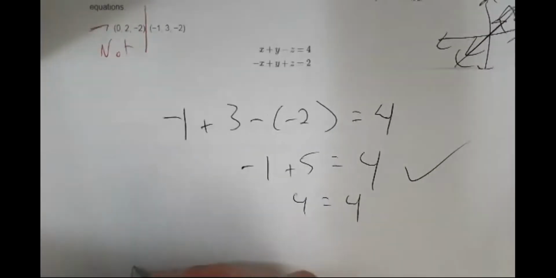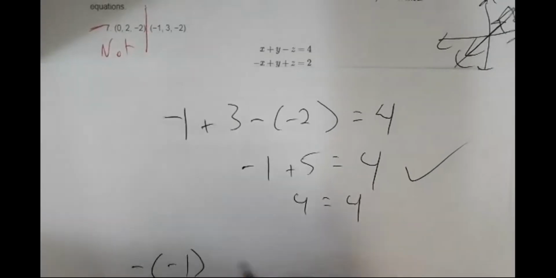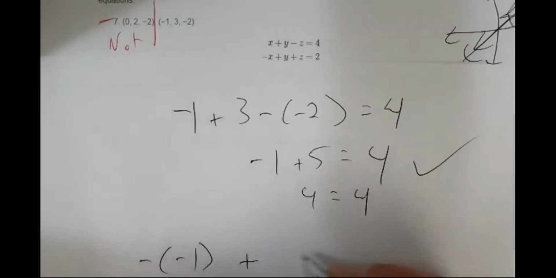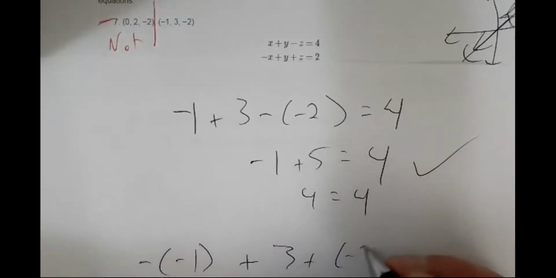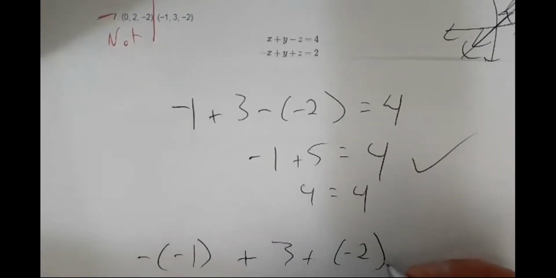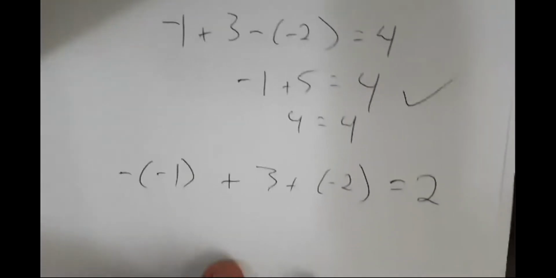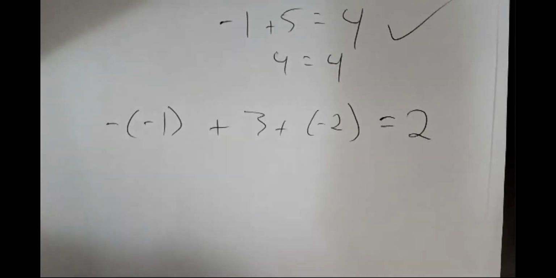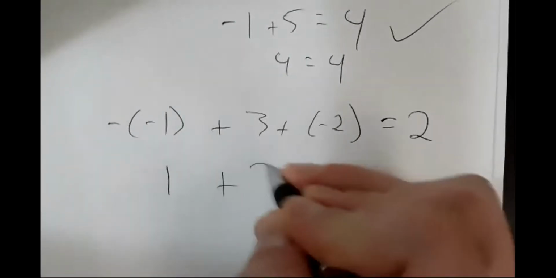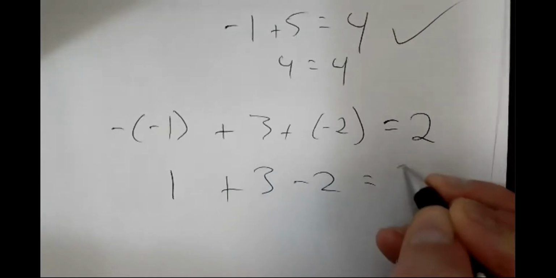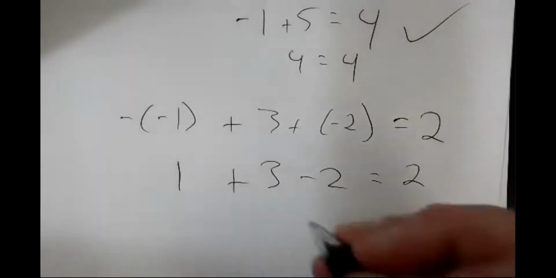Minus a -1, minus the -1, plus 3, plus a -2. And we want to see if this is equal to what? 2. So this is what? 1 plus 3 minus 2. Is that equal to 2? Mm-hmm. 4 minus 2. I think that's it.